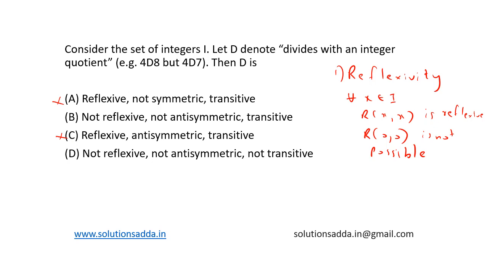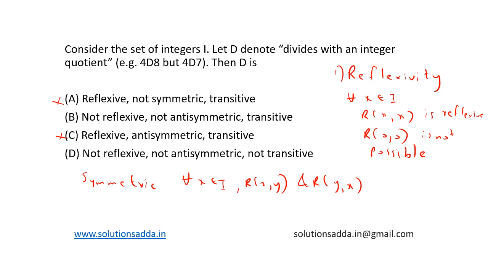The second property is symmetric. For symmetric, for all x, y belonging to I, R of x comma y and R of y comma x is symmetric.